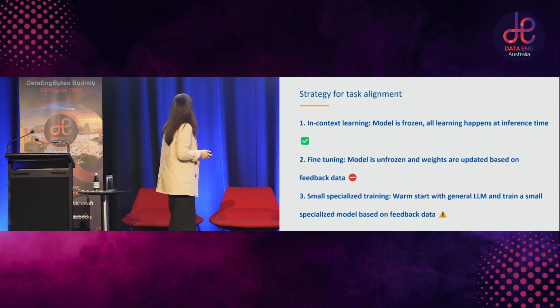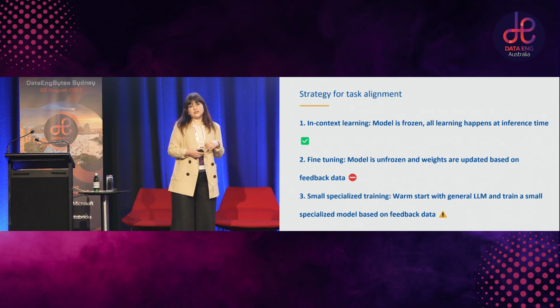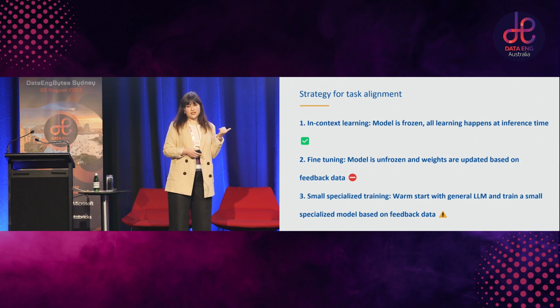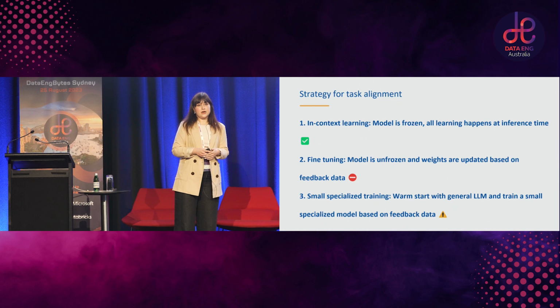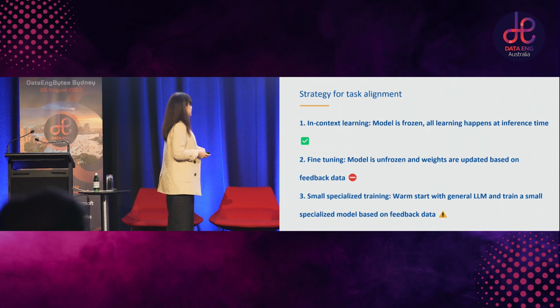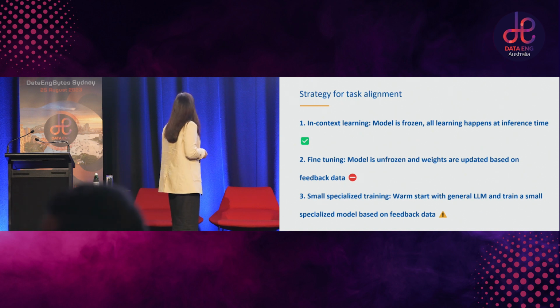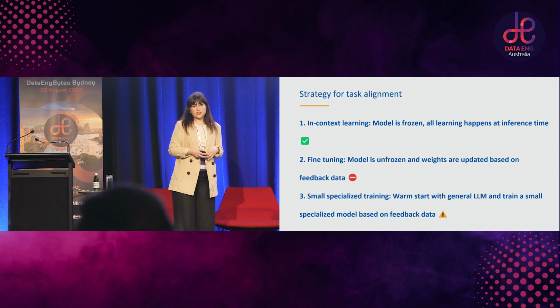The second one is fine-tuning. So the model is unfrozen, and the weights are updated based on feedback data. This is really uncommon. I haven't seen any company do it, at least at the industry scale. The third one is training a small specialized model.